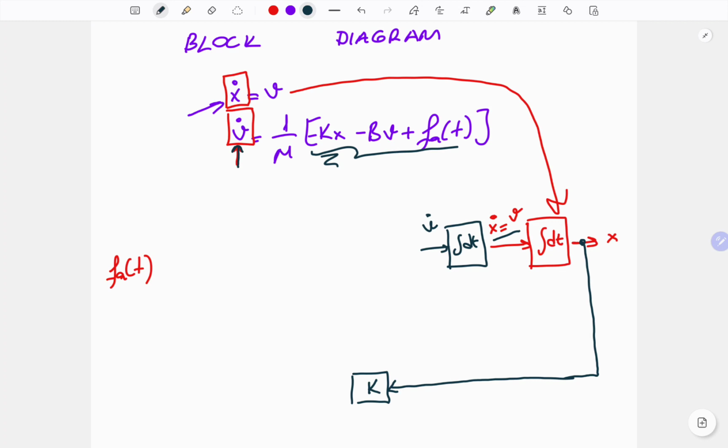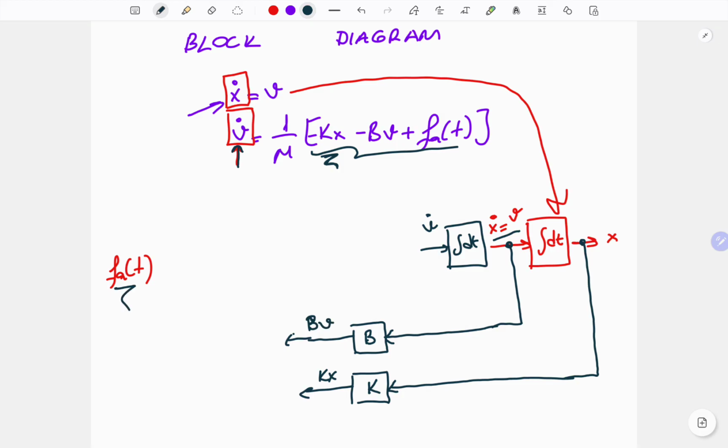After this representation, the output of this block will be k times x, and we can obtain the first part of the parenthesis. Then for the second part, what do we need? b times v. b will be multiplied by its input v. Then we have b times v.